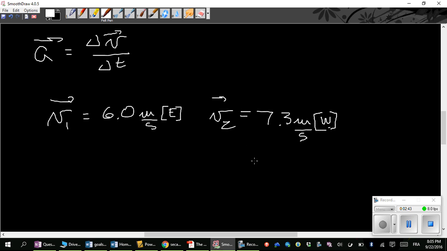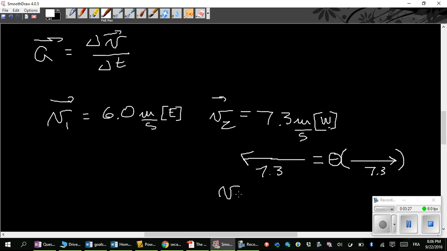If this is a vector of length 7.3 going west, the properties of vectors say that if you want to rewrite it, it's the same as the opposite direction vector, 7.3, but with a negative, because the negative changes the direction of the vector. That's all it does.